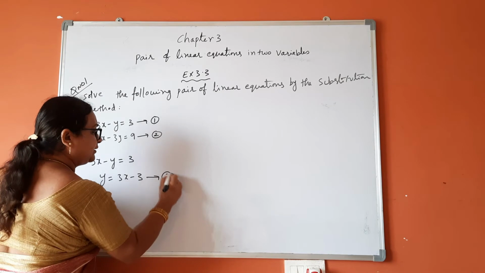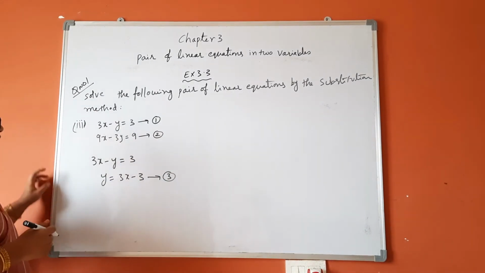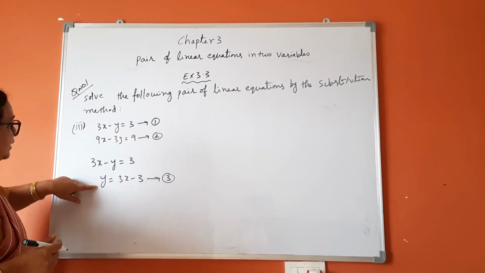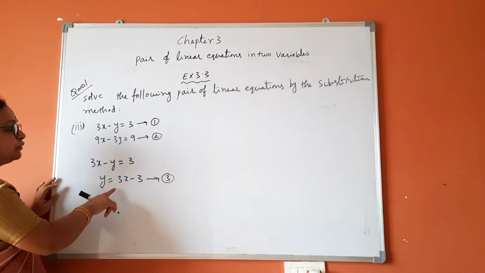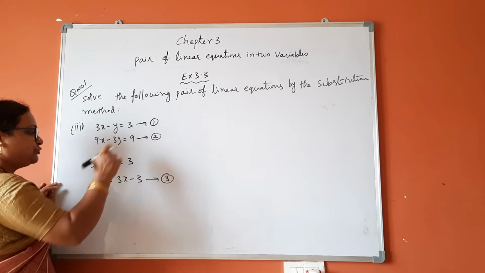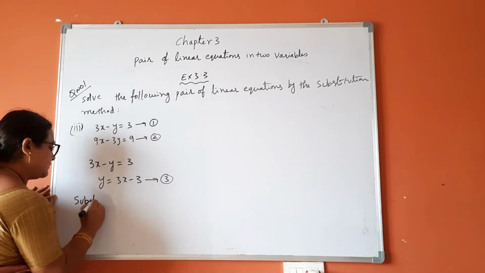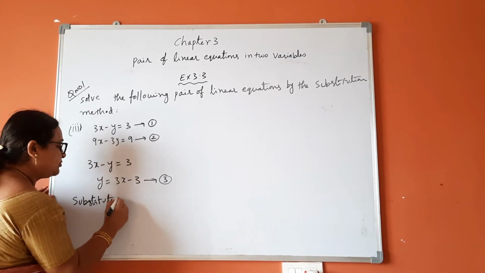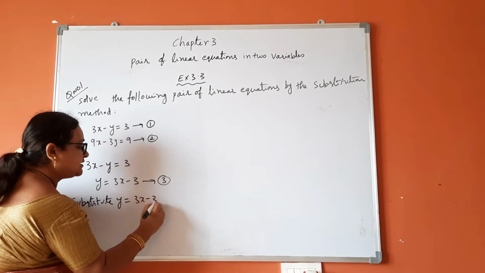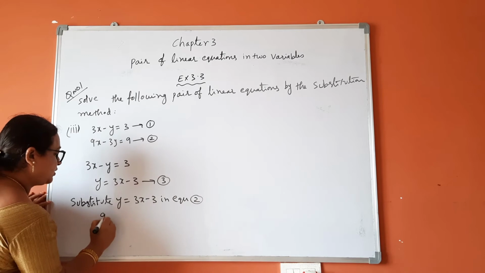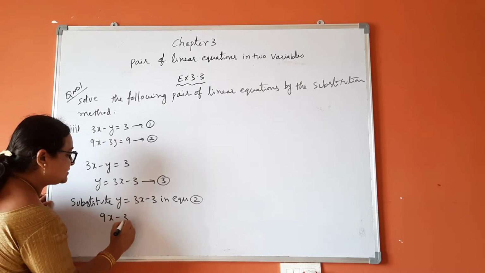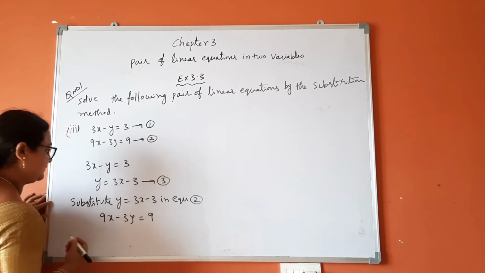This is equation 3. We found the value of y in terms of x from equation 1. So this value we will substitute in equation 2. Substitute y is equal to 3x minus 3 in equation 2. What is equation 2? 9x minus 3y is equal to 9.